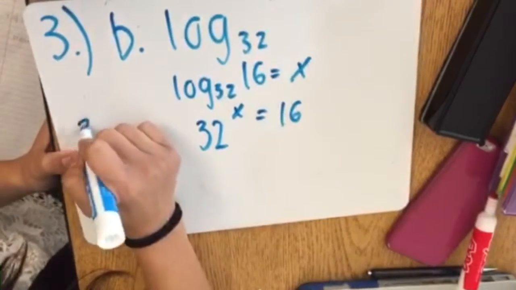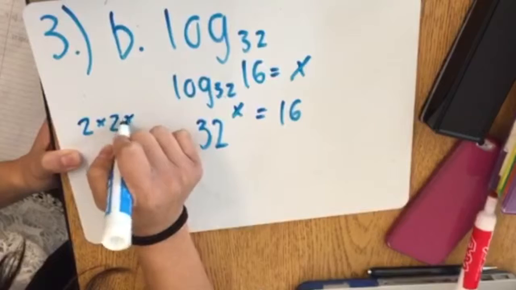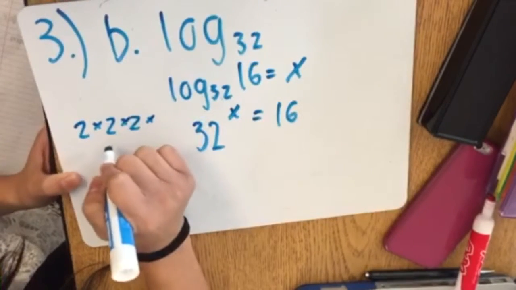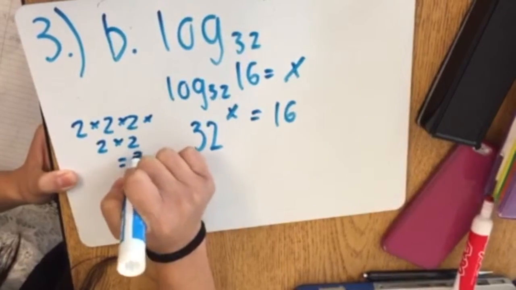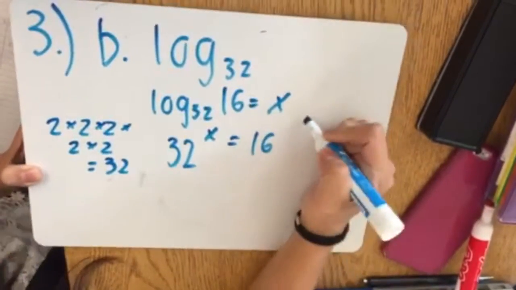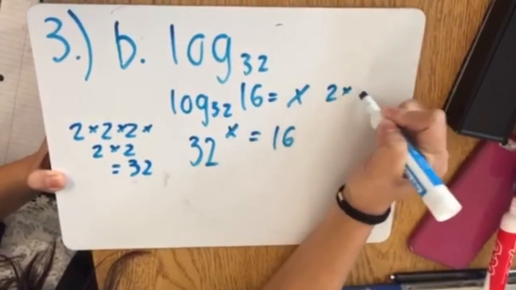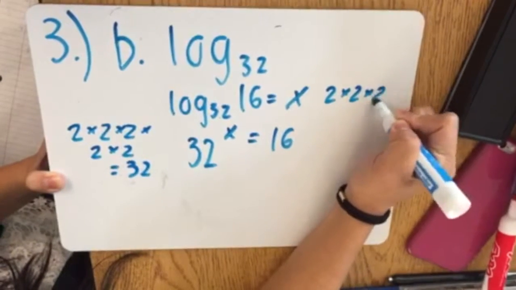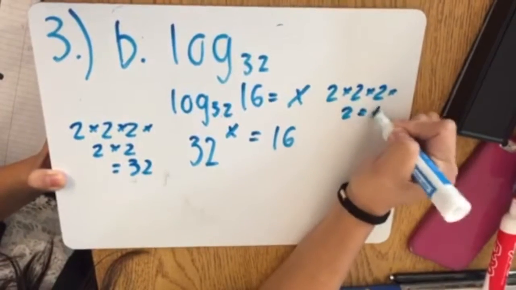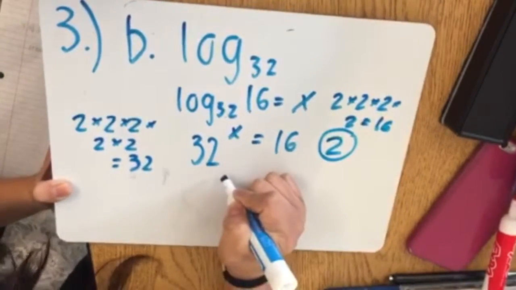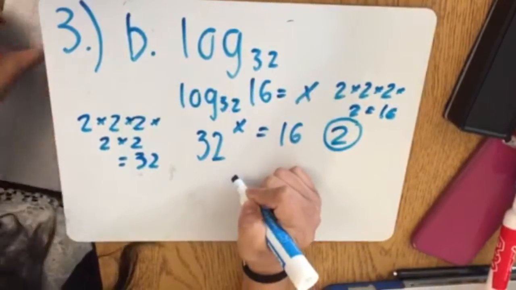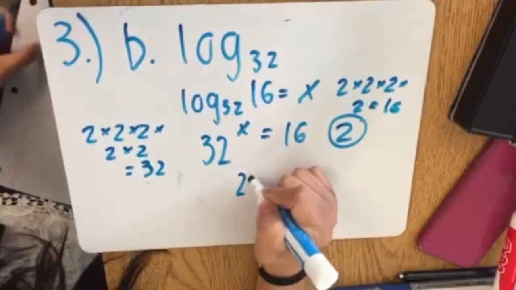Now we are going to simplify the two numbers to the same base. 2 to the 5th, or 2 times 2 times 2 times 2 times 2, is 32. And 2 to the 4th, or 2 times 2 times 2 times 2, is 16. So the common base would be 2. So now we just plug in those values to the numbers they equal.